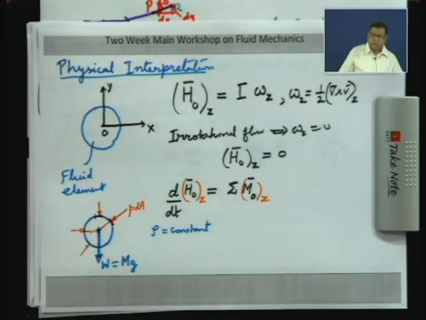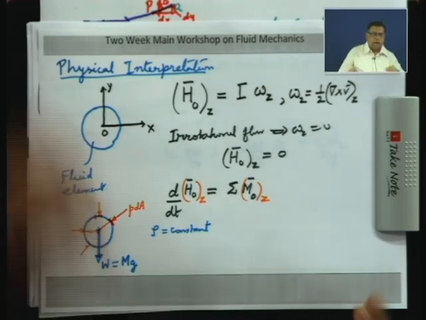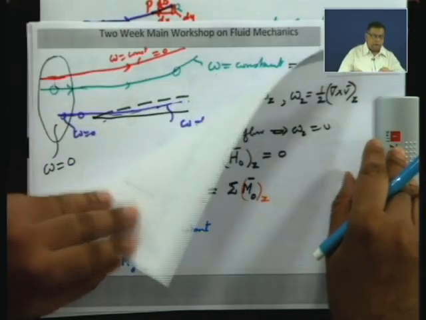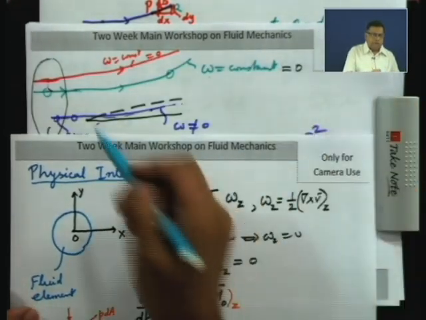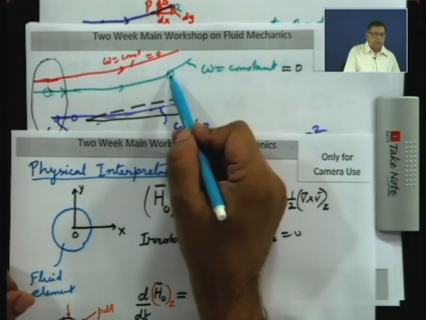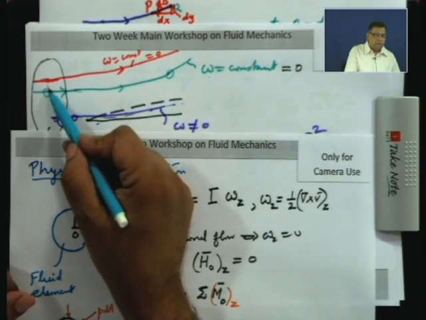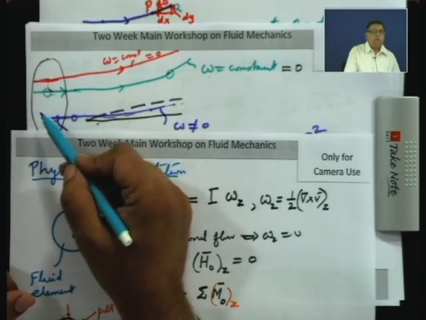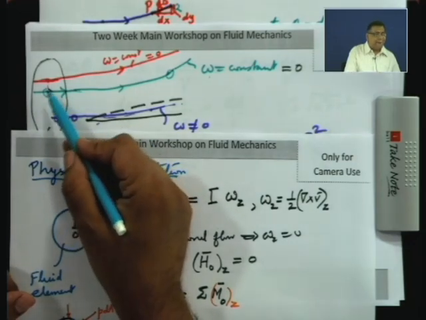So, if you have a fluid particle which is somewhere here in the outer region, we have seen that viscous stresses are negligible here. The forces acting on this cylindrical element of fluid will not exert a moment about its center.